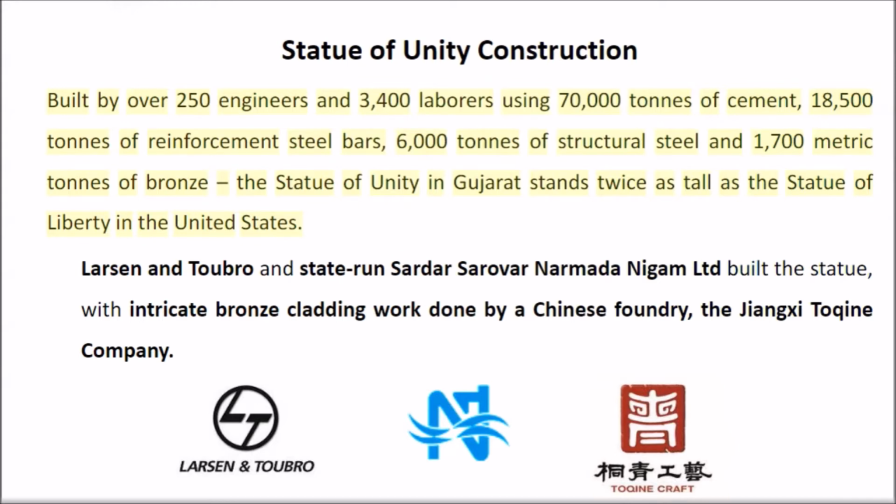The Statue of Unity in Gujarat stands twice as tall as the Statue of Liberty in the United States. Larsen & Toubro and state-run Sardar Sarovar Narmada Nigam Ltd built the statue, with intricate bronze cladding work done by a Chinese foundry, the Jiangxi Token Company.